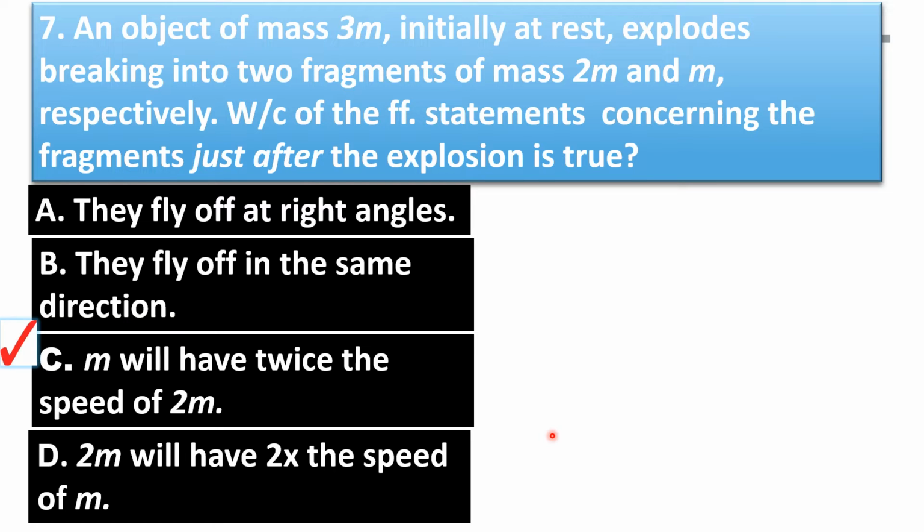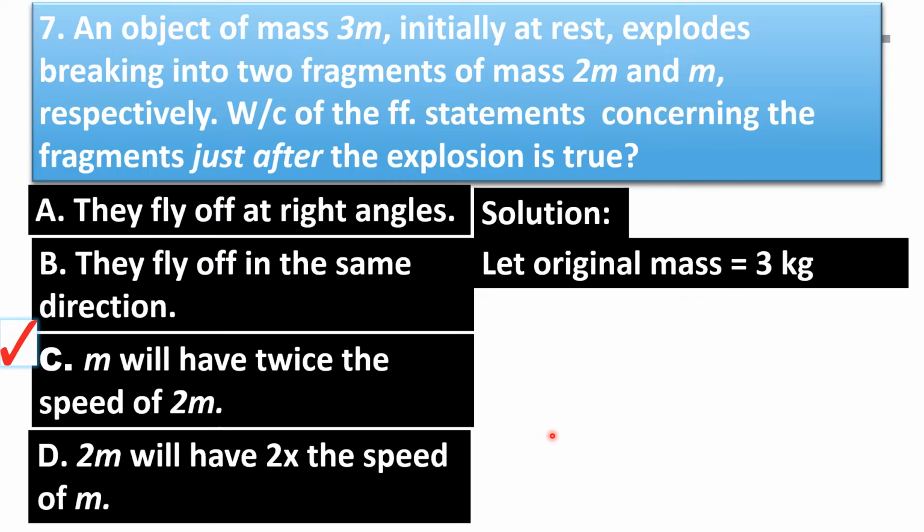Here is our solution. We will let the original mass before the explosion happened be equal to 3 kilograms. An object of mass 3m, so we will let that be the original mass, 3 kilograms.